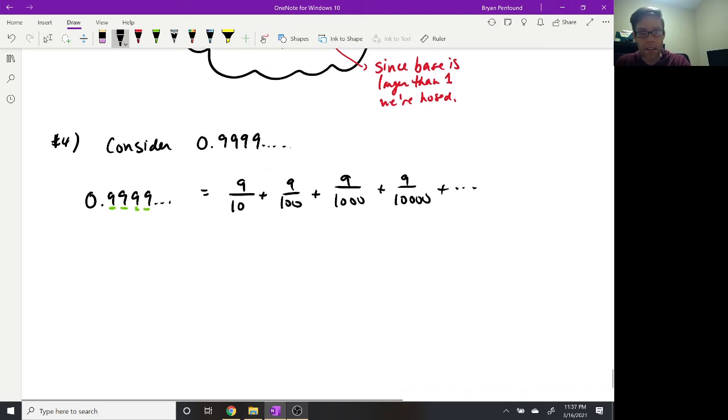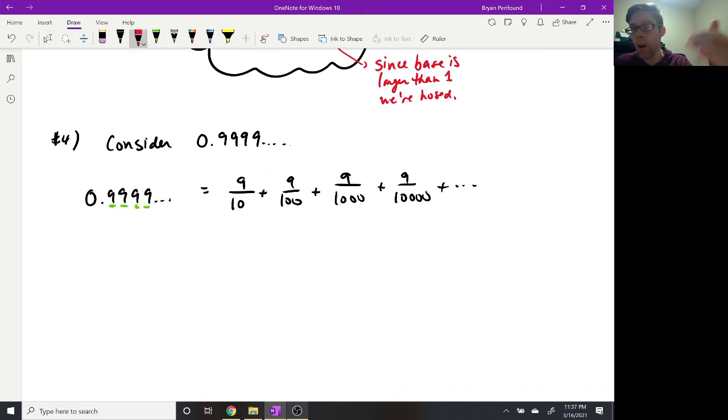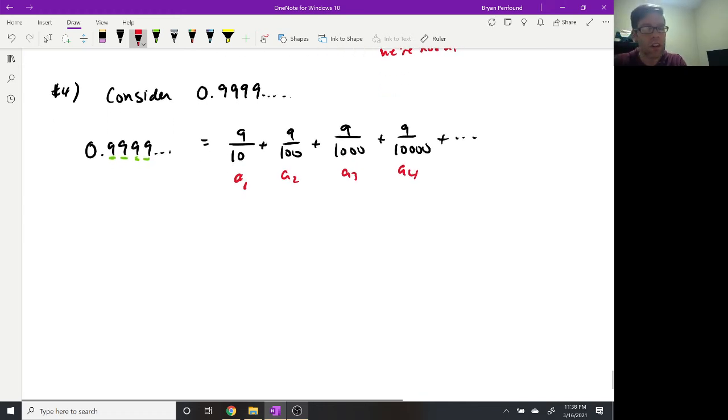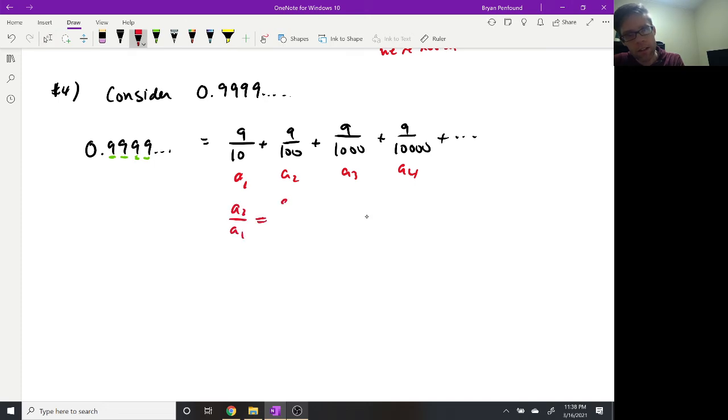And since we have an infinite sum of fractions that looks like this, we can label these as A1, A2, A3, etc. And we can see if these share a common ratio. So let's calculate A2 over A1. This is 9/100 over 9/10, and we should get 1/10.